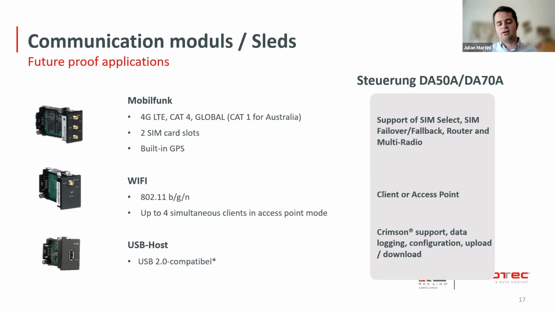We also offer wireless LAN Wi-Fi modems, which can be run as an access point or as a client. You could have multiple, so 2 Wi-Fi sleds on one FlexEdge, for instance, to perhaps concentrate data first on one device and then send it out. A USB sled gives you the possibility to perhaps connect a barcode reader or a storage device.